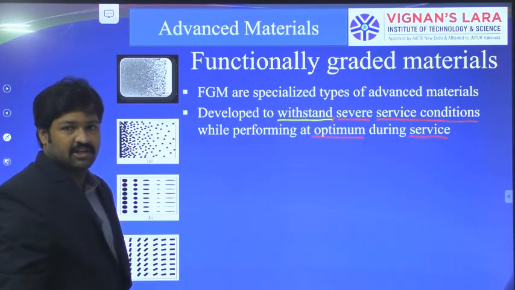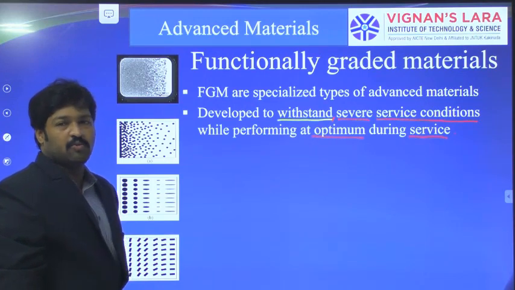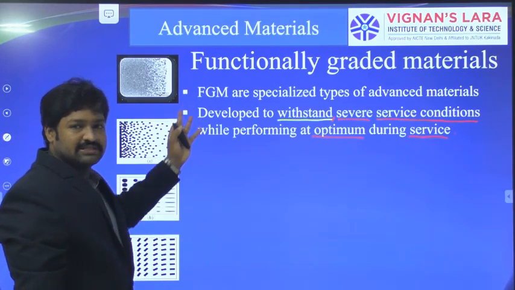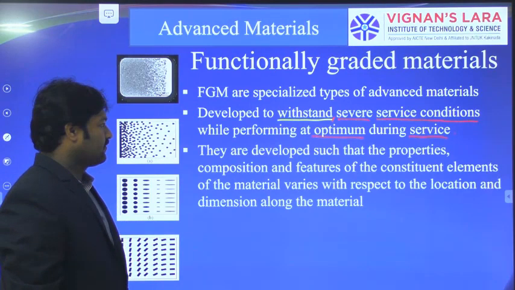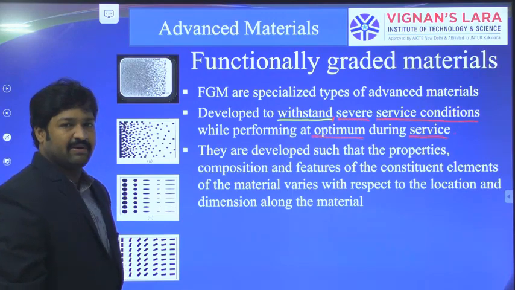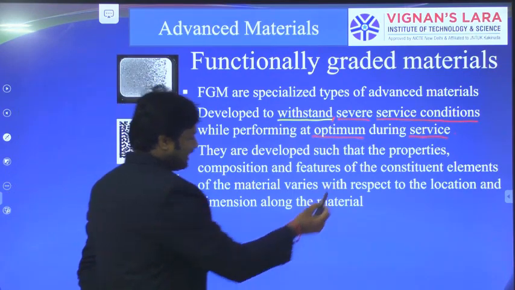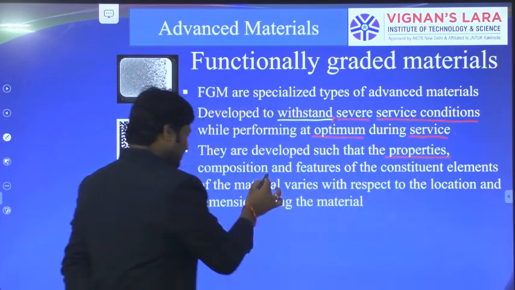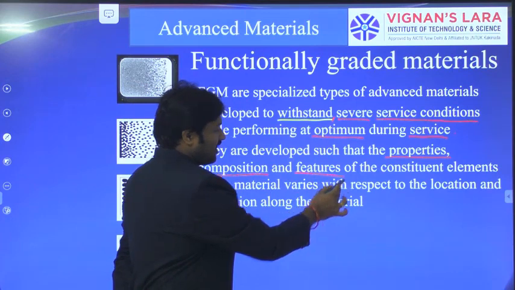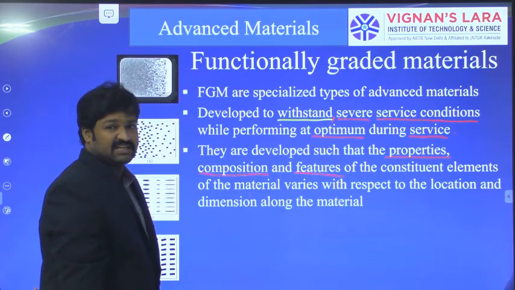During the application, the component should give optimum properties. For that purpose, we design a different material that is called functionally graded material. These functionally graded materials are developed such that their properties, their composition and the features of the constituent elements of the material vary with respect to location.